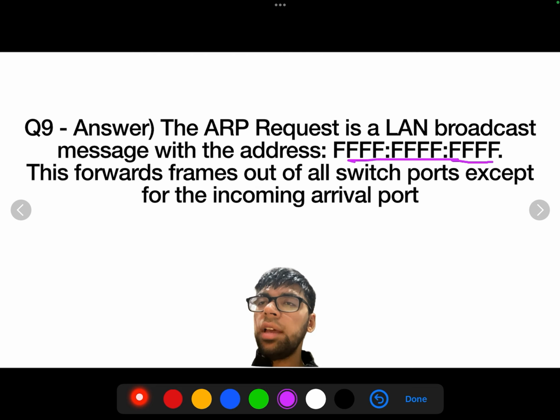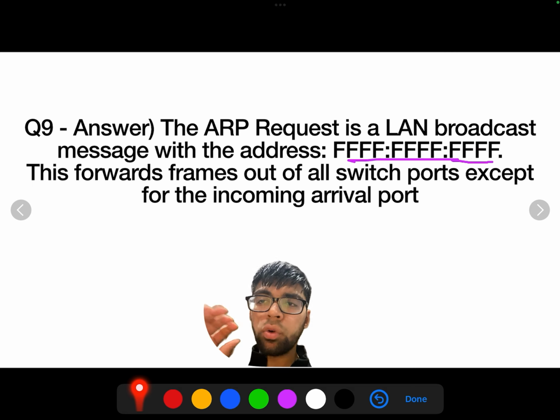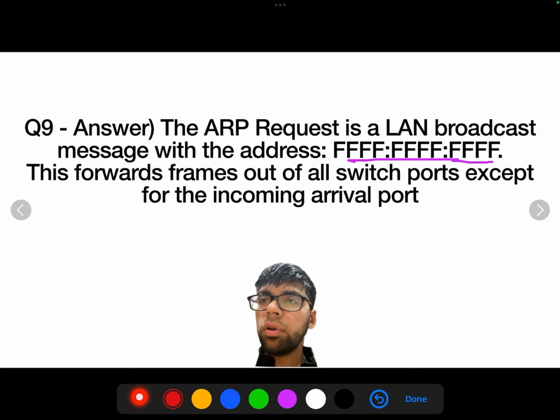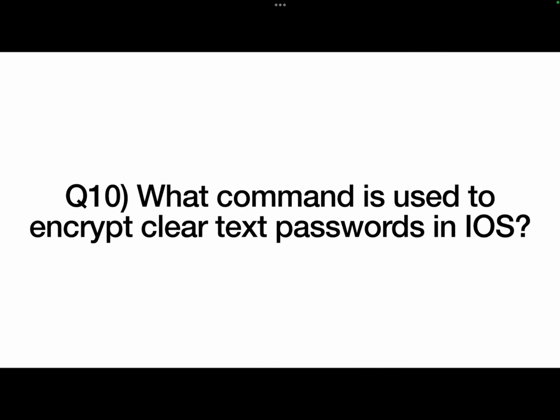It's all Fs, and that is the address that an ARP request would use. It's a broadcast message. It goes out to all ports except for the incoming arrival port. Sorry, I did accidentally reveal the answer.